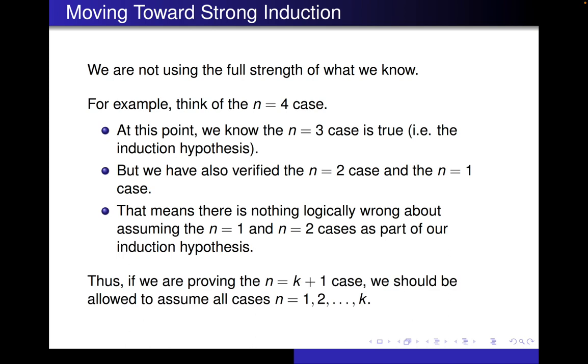Well, we can, because we've already proved them. So if we're proving the n equals k plus 1 case, this is the general inductive step, what we're able to assume is not just the n equals k case, which we've been doing, but we can assume any case starting at n equals 1 and going all the way through n equals k. That gives us a lot more things we're able to assume when we're proving our inductive step.